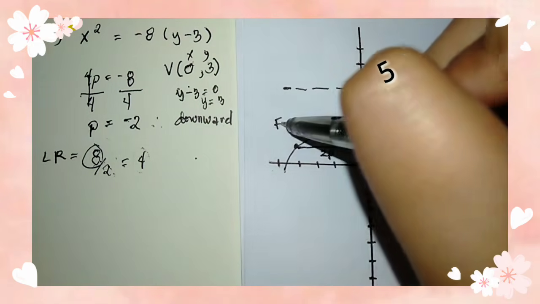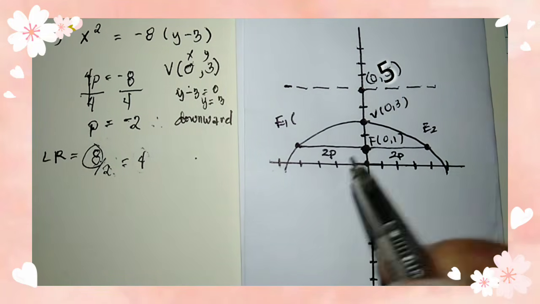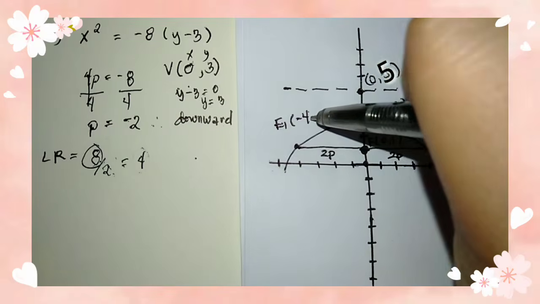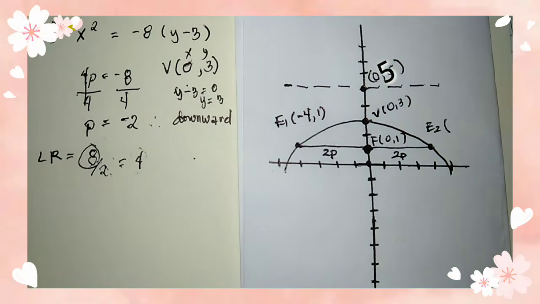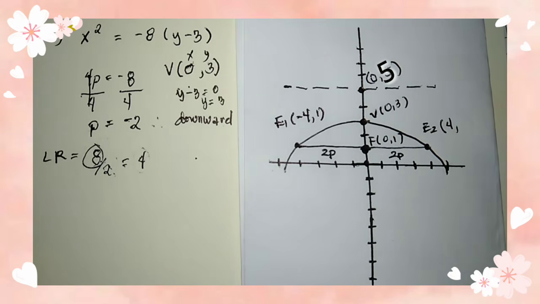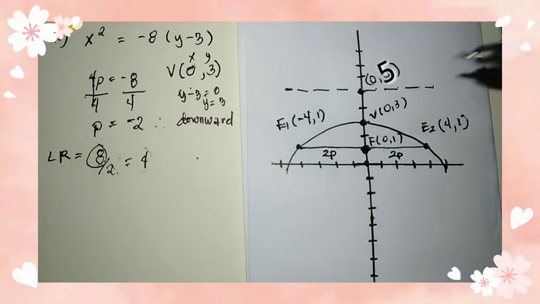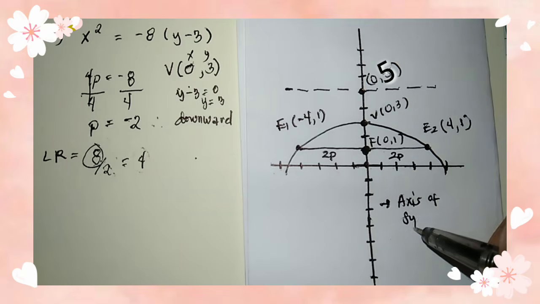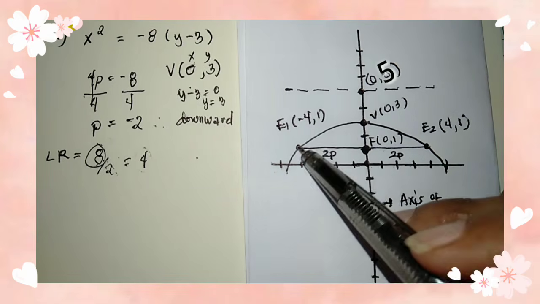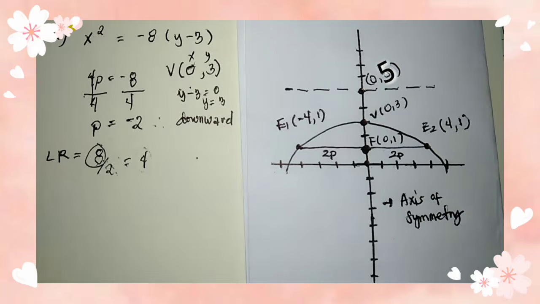Endpoint 1 is (-4, 1). Endpoint 2 is (4, 1), from the origin 1, 2, 3, 4, and our focus is at 1. Again, our axis of symmetry is this line. Why? Because it divides our parabola into two equal parts.